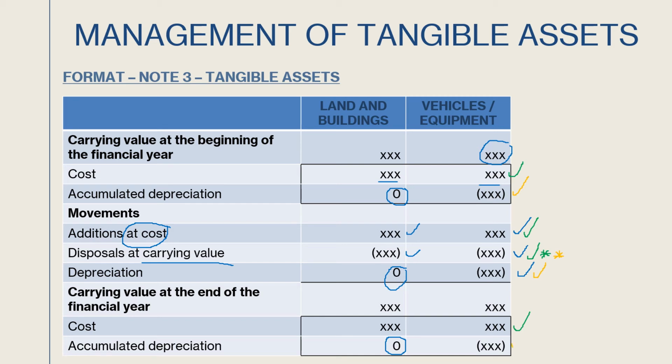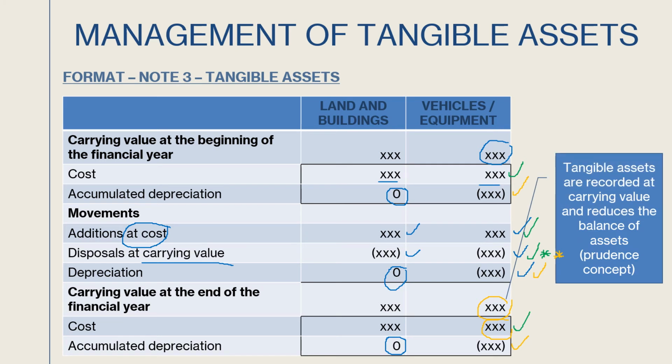And that is going to give me the accumulated depreciation at the end of the year. And then obviously your cost price minus your accumulated depreciation is going to give me the carrying value at the end of the financial year. Okay, and then this amount, the carrying value at the end of the financial year, is the amount that we're going to record in our financial statements, because it reduces the balance of your assets.